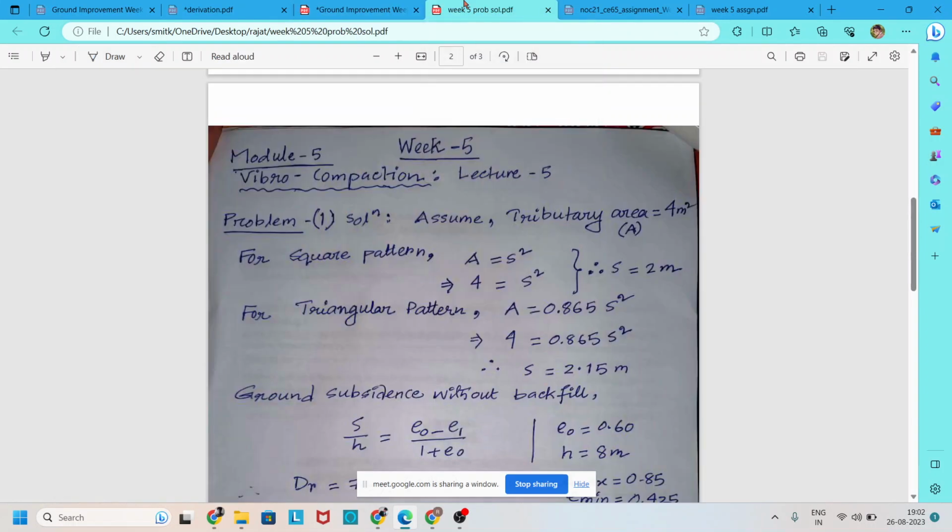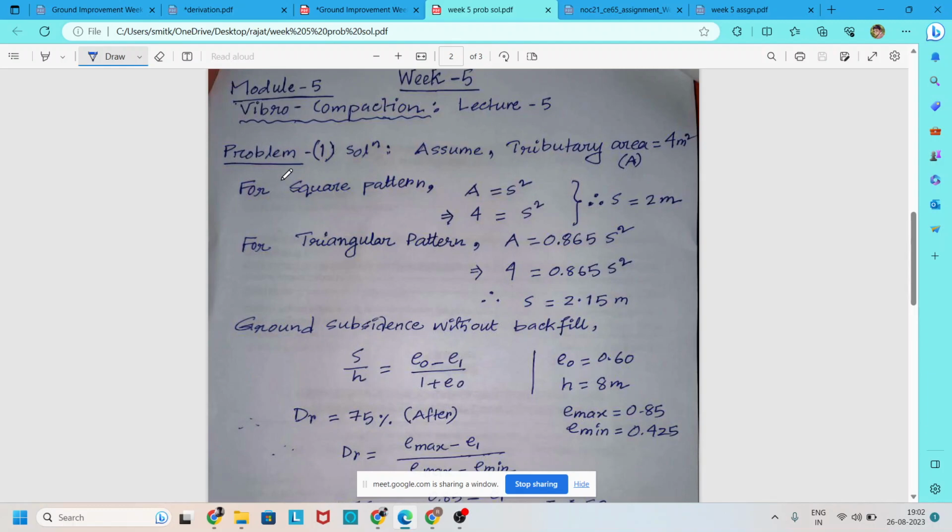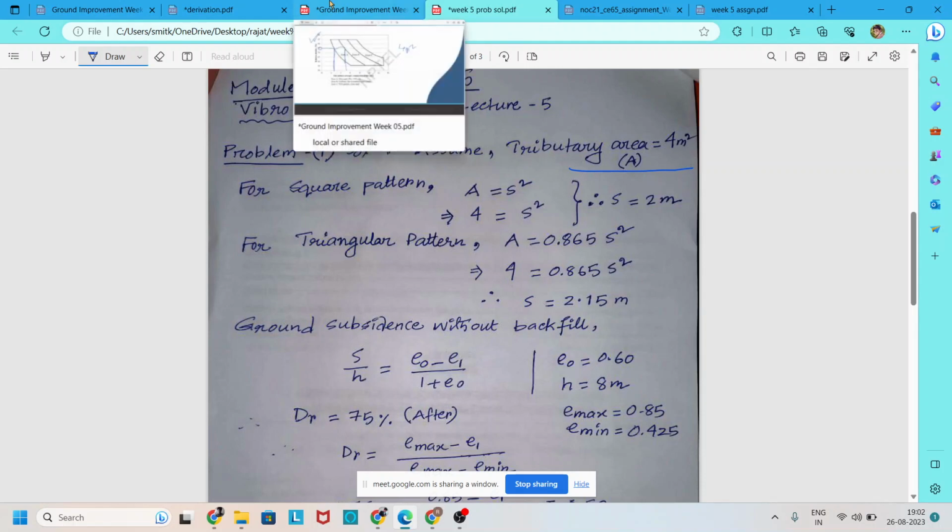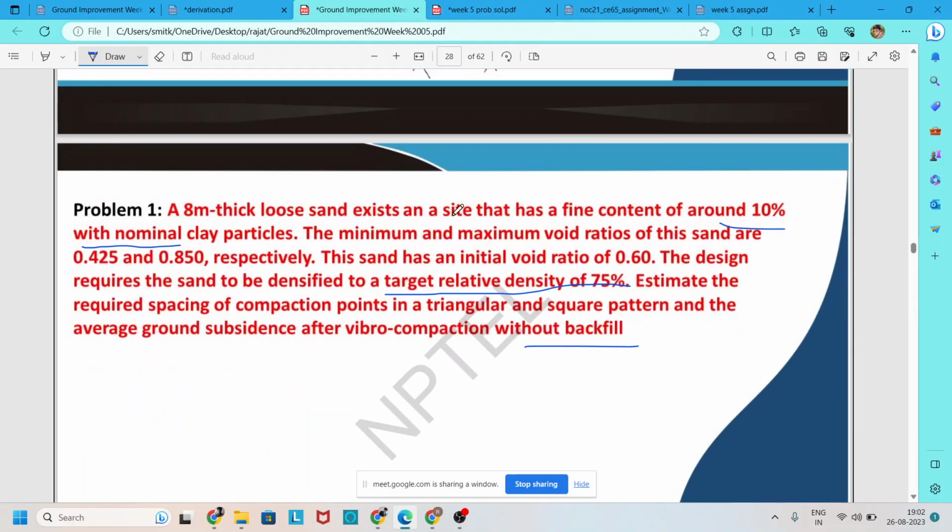Now, after that, we go through another slide of the solution part of this problem. I solved this by hand. From this graph, we assume that our tributary area is 4 meter square. In this question, it is asked to find out the spacing for triangular pattern and also for square pattern.